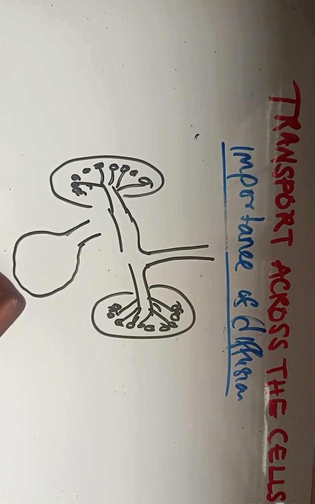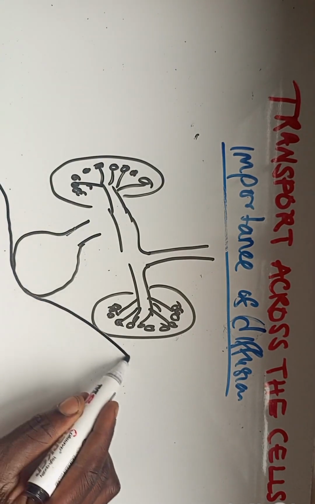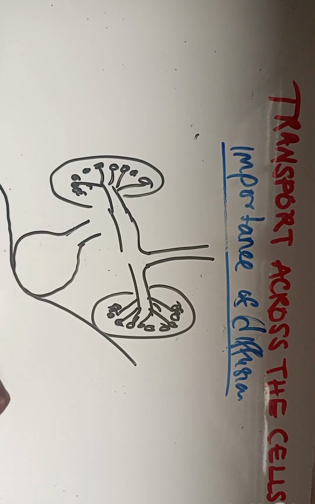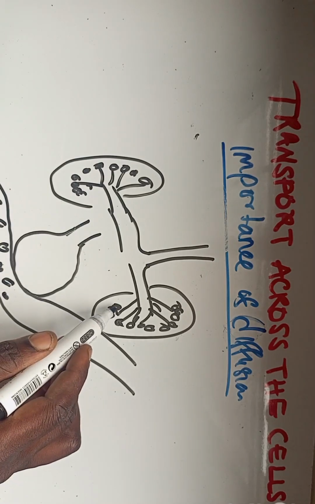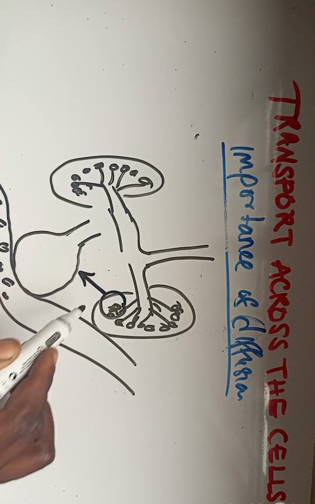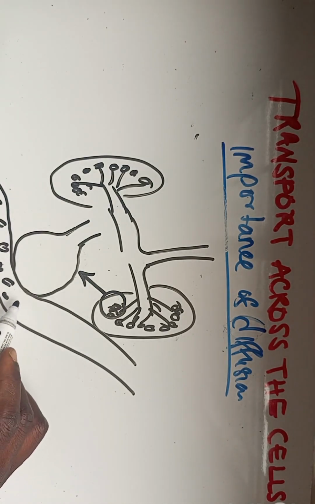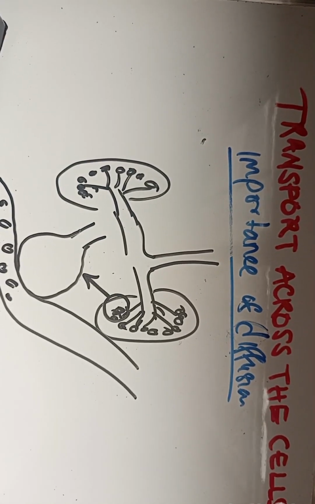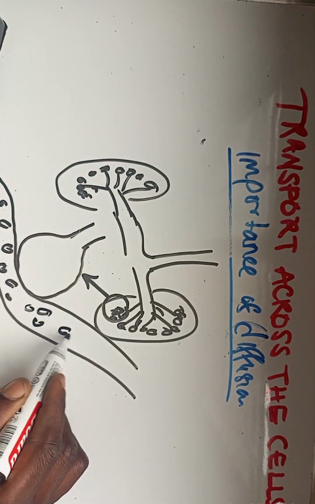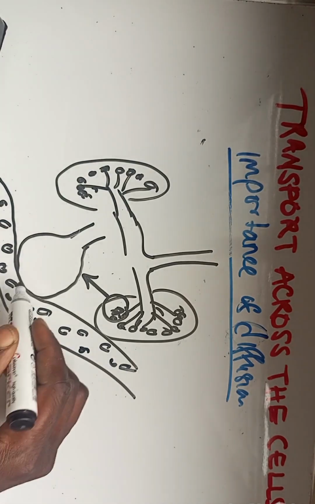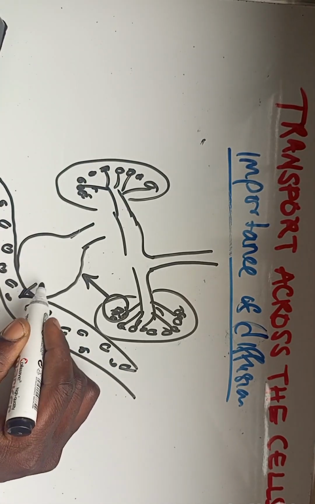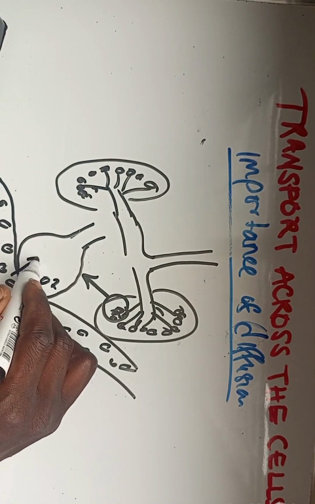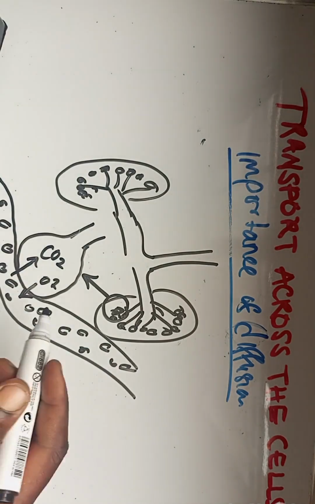Then here passes the line of a capillary. From there we have this where blood is concentrated. This is just the view of that, where we have the red blood cells, white blood cells, and other things. Here there is entrance of O2 and the exit of CO2.